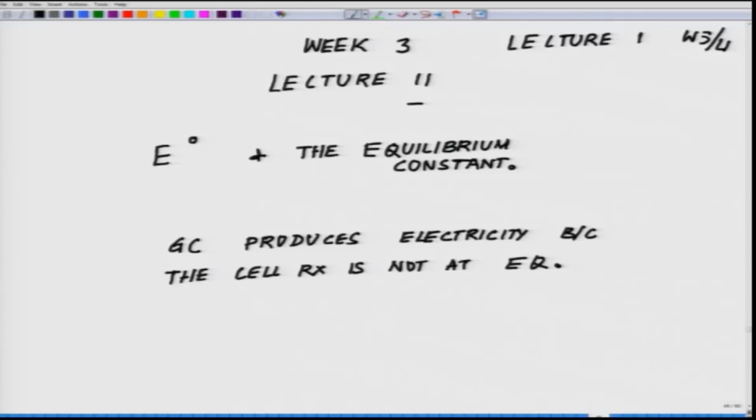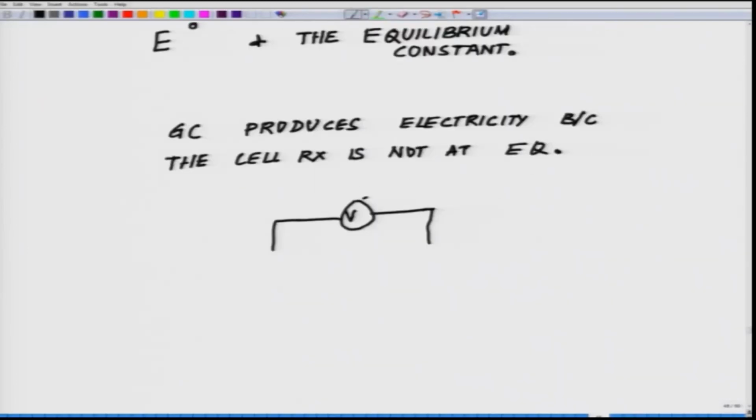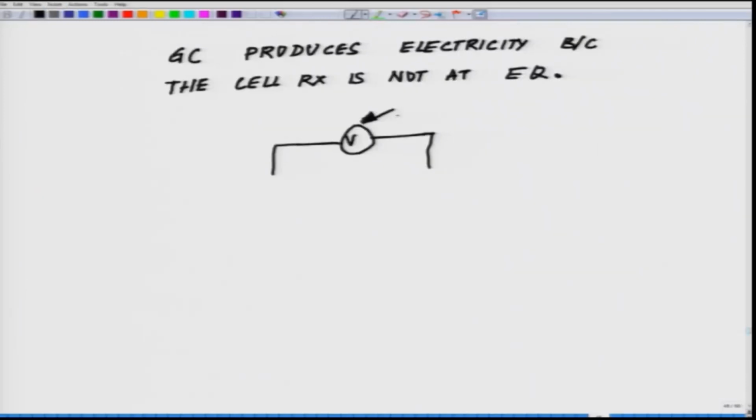Say you have this potentiometer connected to the cell. When you are connecting it with the potentiometer, there is a negligible current flowing through, so the concentration in the cell remains unchanged.